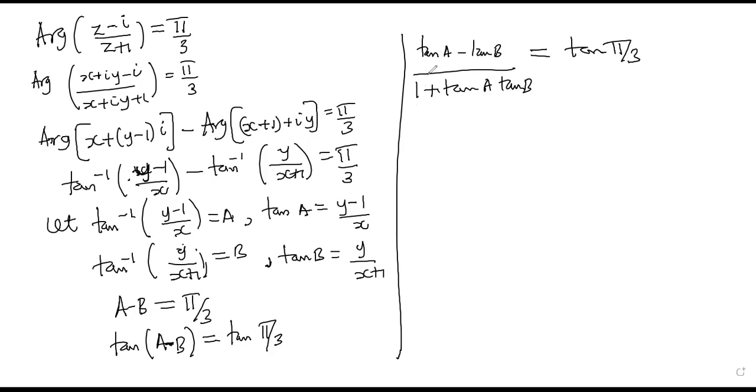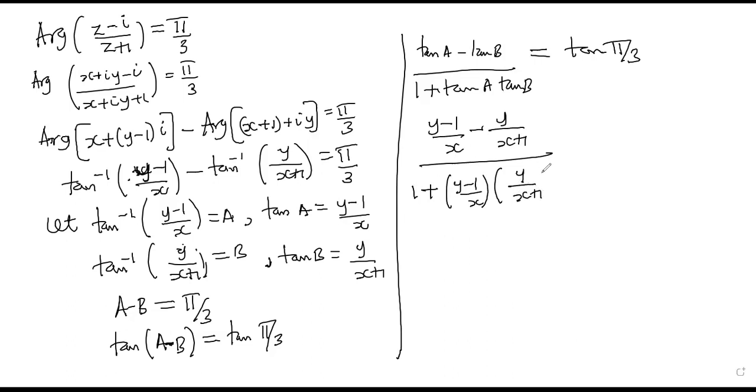So tan A is (y minus 1) over x, minus tan B, which is y over (x plus 1), out of 1 plus tan A, which is (y minus 1) over x, times tan B, which is y over (x plus 1), and this should be equal to tan pi over 3, which is root 3.